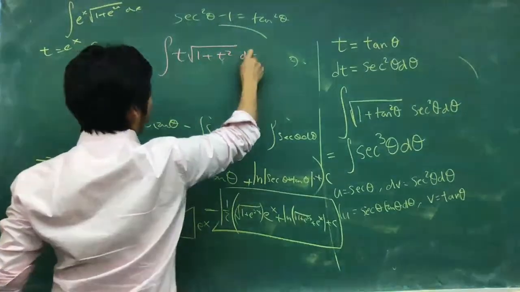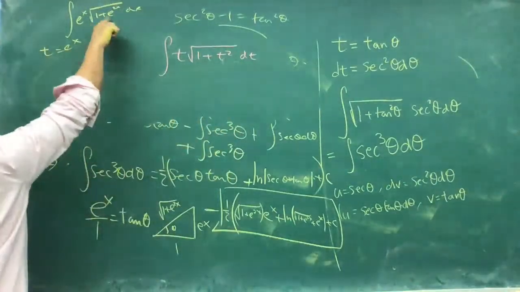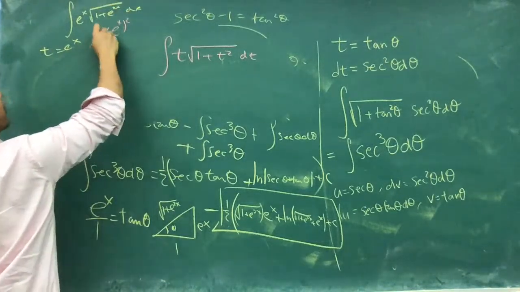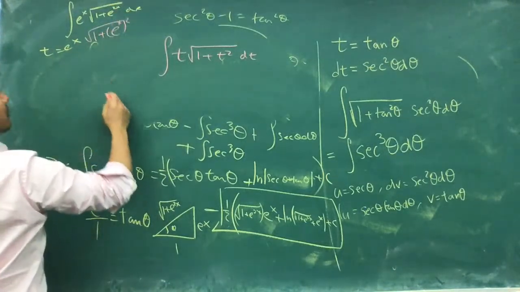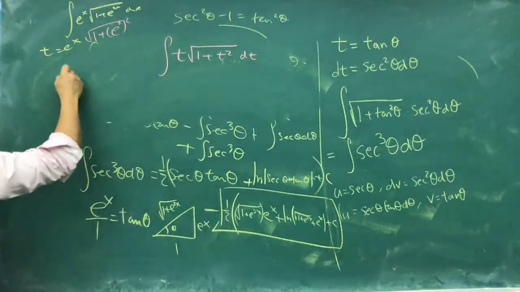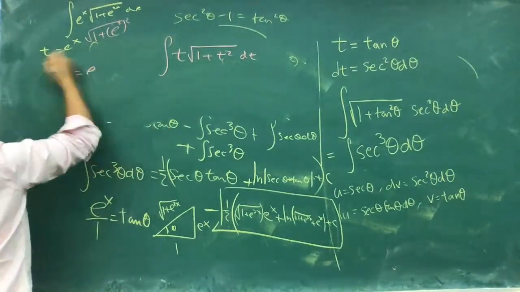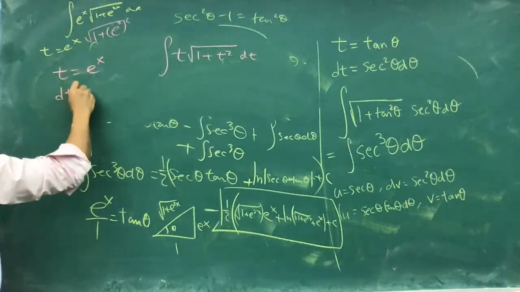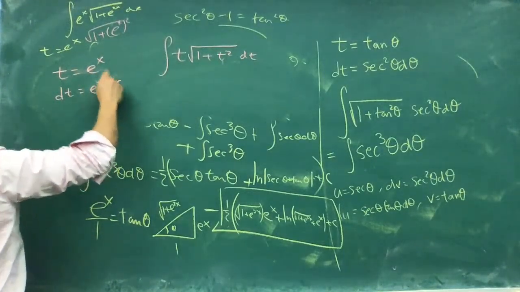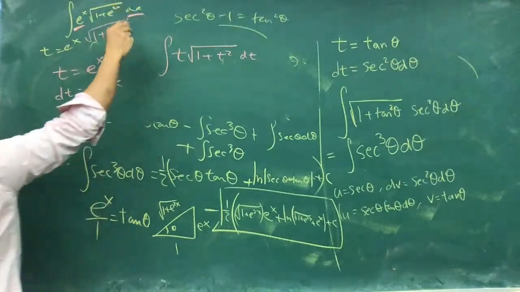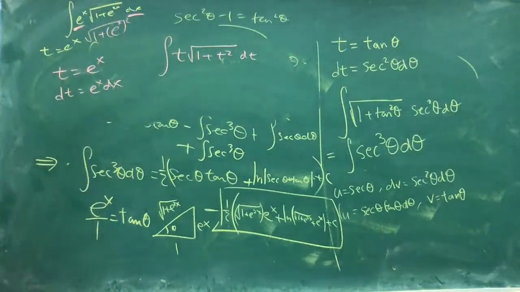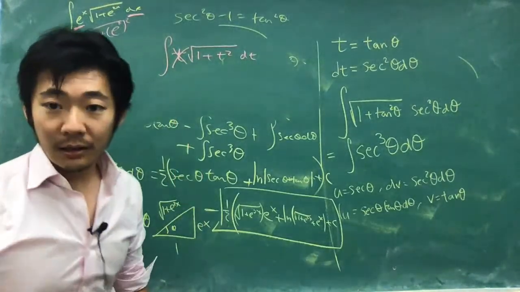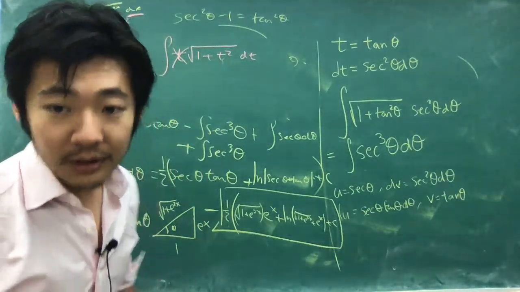So no, because when you do this, e to the x squared, 1 plus that, then if you let t equal e to the x, then dt is e to the x dx. So e to the x dx is dt, and this is t squared. So it's not this. And then why can't you do e to the x first?